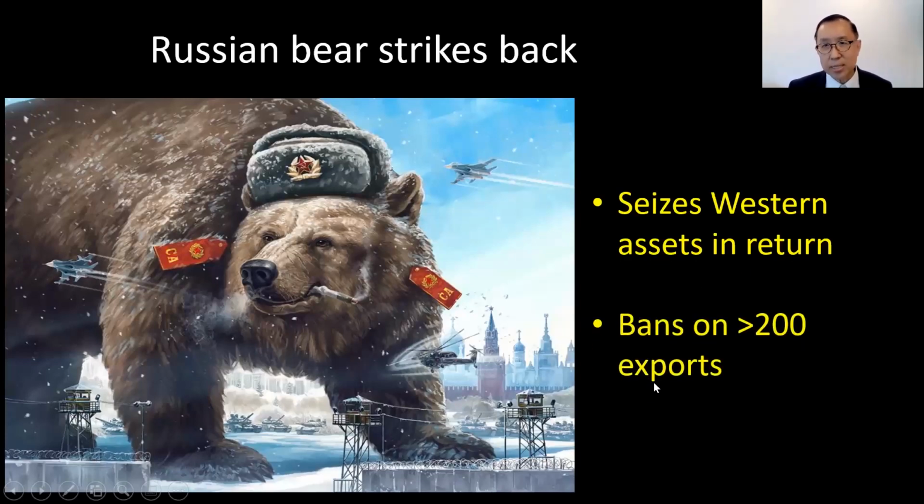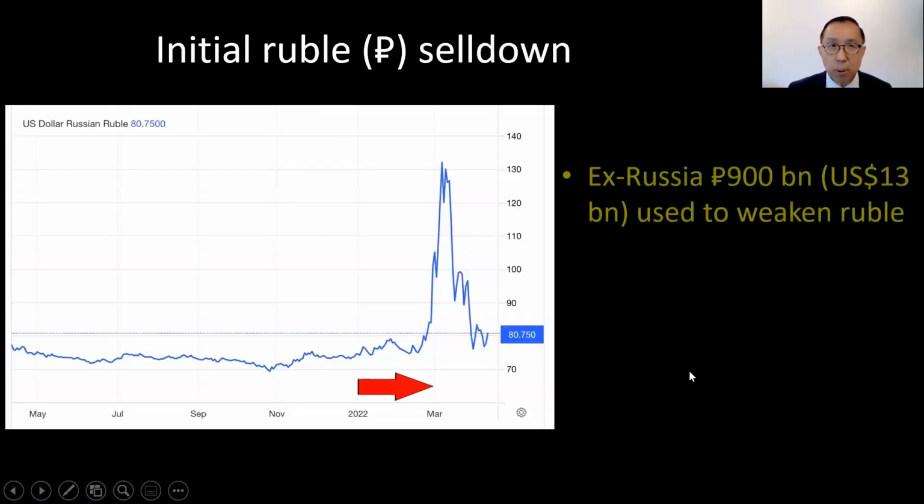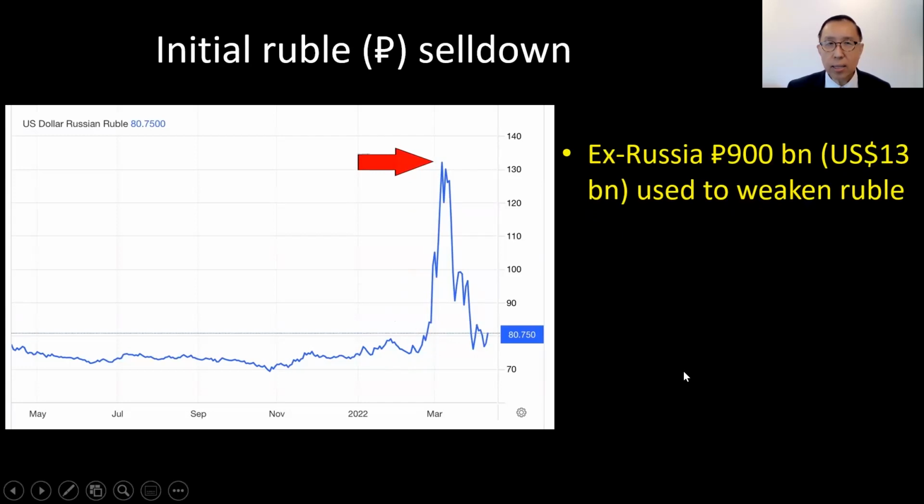Russia has also seized the assets of Western companies, okay? And they banned the imports of over 200 goods to the Western countries. But most important is how they struck the ruble. This chart shows the ruble. Before the war, it was trading at 80 rubles per US dollar.